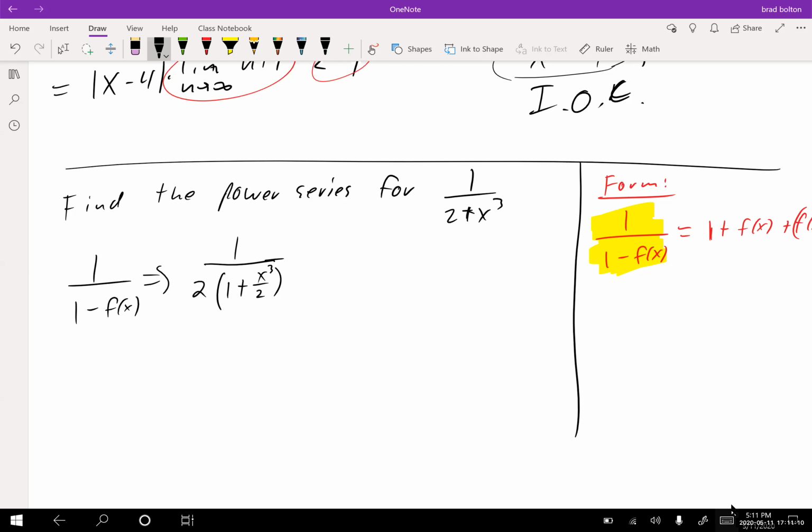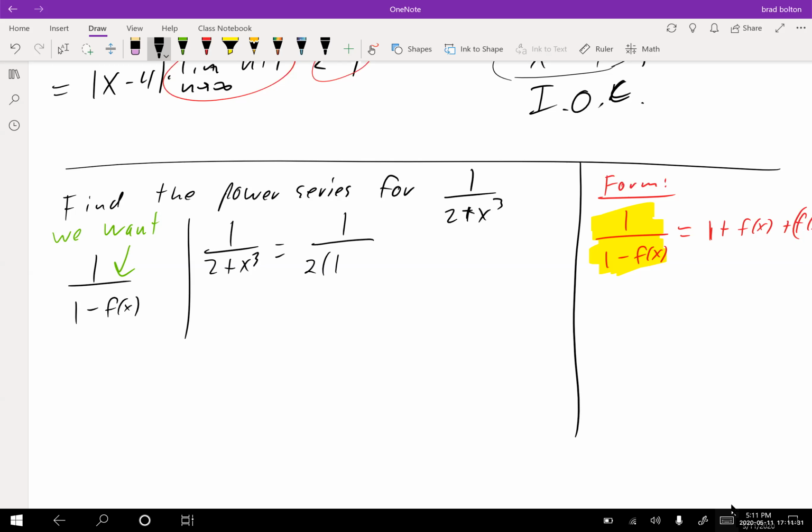Okay, now here's the thing. Let me write it better. So we want this. We're going to take 1 over 2 plus x cubed, and we're going to say that's the same as 1 over 2 times 1 plus x cubed over 2.